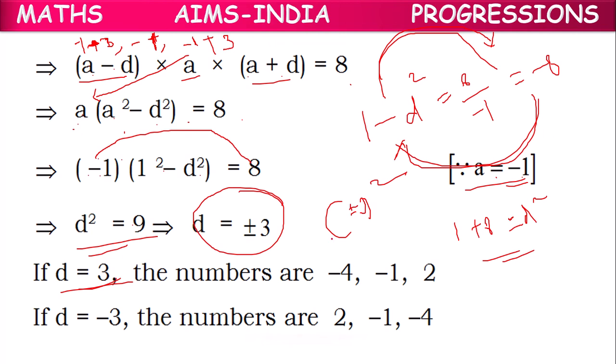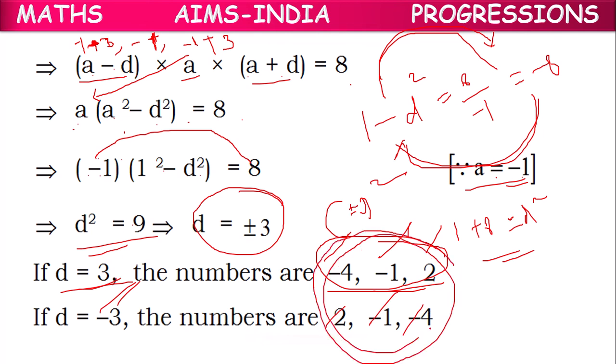So what are the values? -4, -1, 2. These will be the three numbers. If you take d as -3, then the values will be reversed, 2, -1, -4. So though the order may change, the numbers are the same.